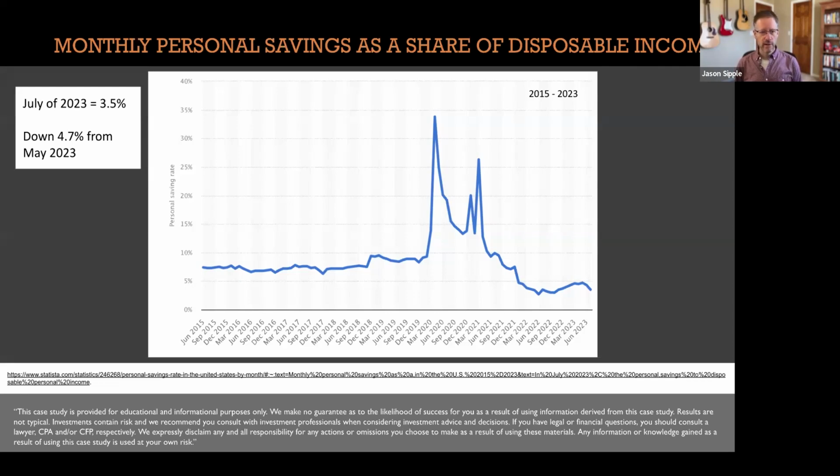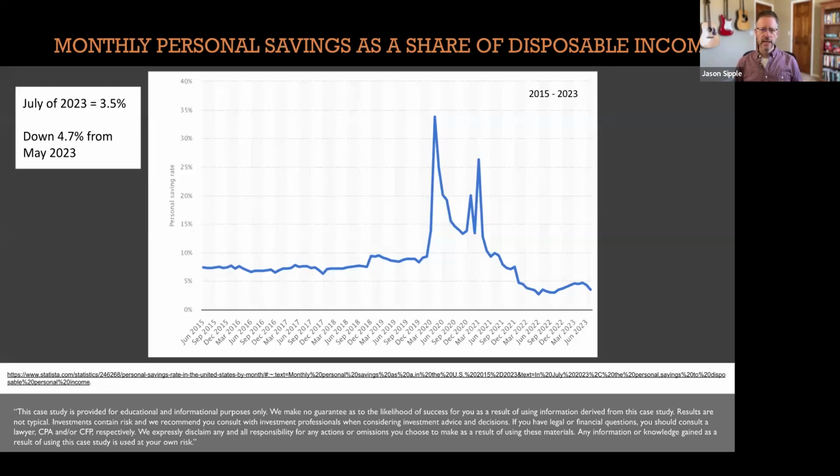So what did people do? Well, they saved it. And so we saw the savings rate spike way up during COVID. And then after things opened back up, we got to go out, we're traveling again, we're on airplanes, we're in restaurants, we're shopping. And consequently, the savings rate followed a downward trend. And now we're kind of hovering below that 5% mark.